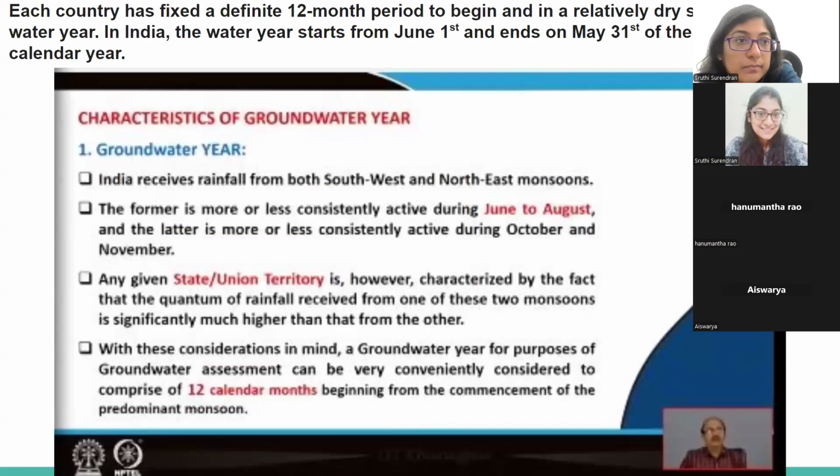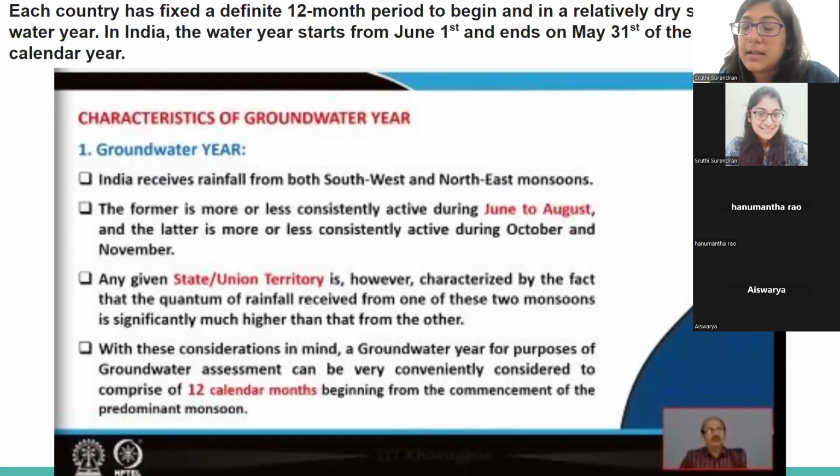Okay. Now, like we had talked about the various seasons. In India, the water year is the period during which we take the measurement of how much rainfall our country has received.